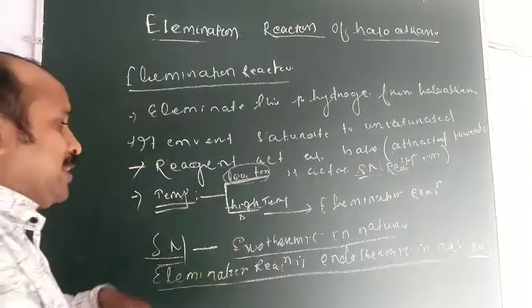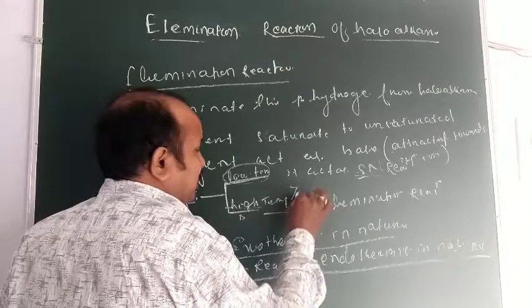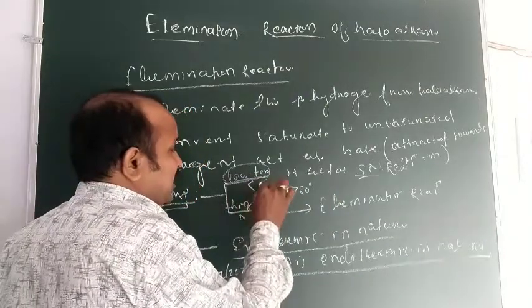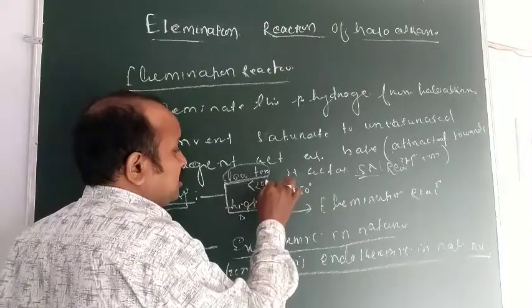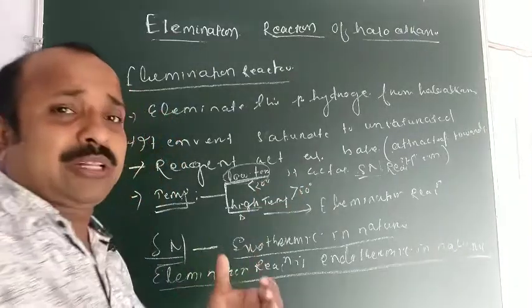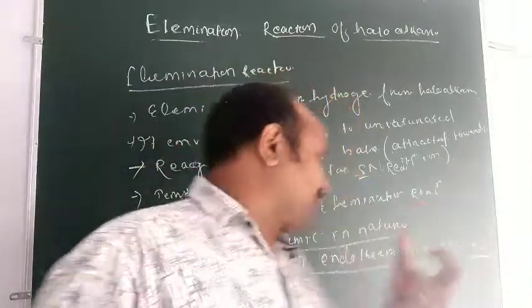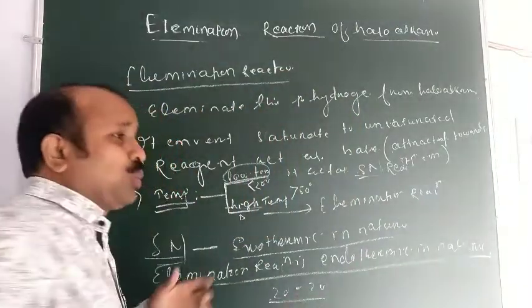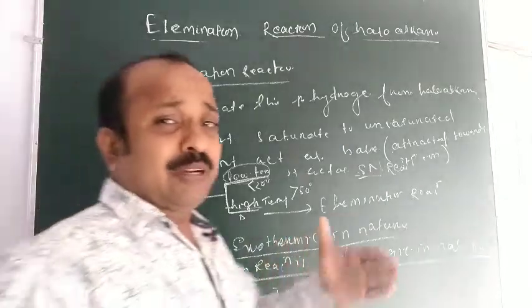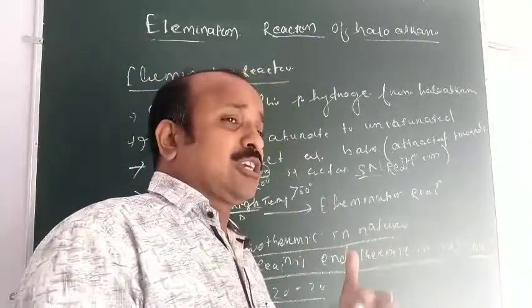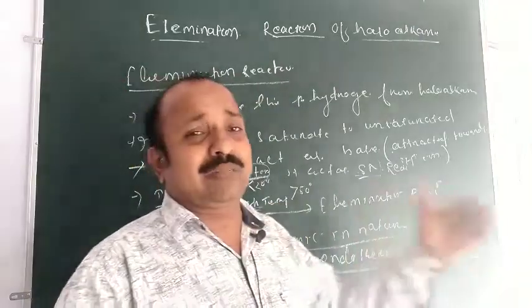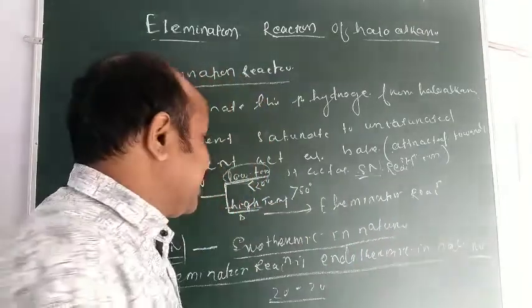High temperature means greater than 50 degrees Celsius. Low temperature means less than 20 degrees Celsius. Then the question arises, what happens when the temperature is between 20 and 50? It gives a dual product. There is a chance of both SN1 and SN2 reactions, one major and another minor.